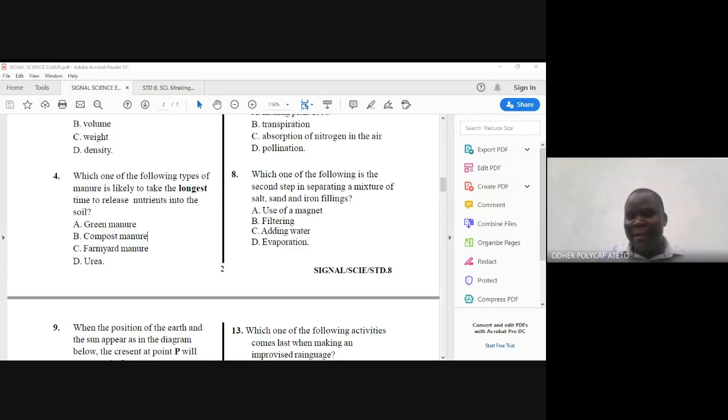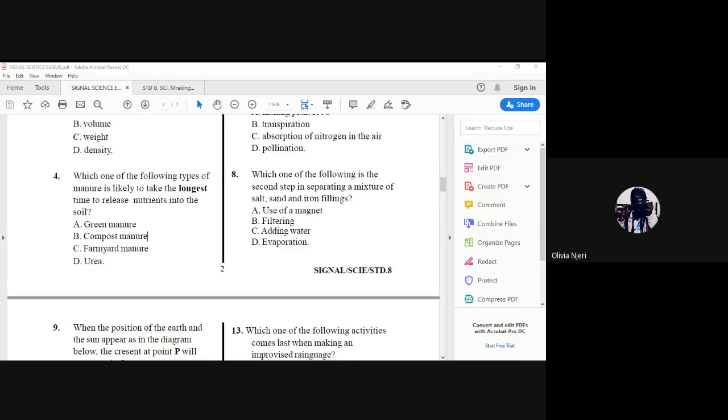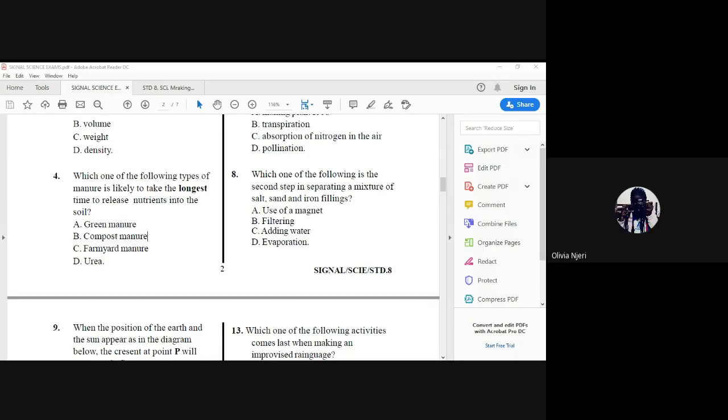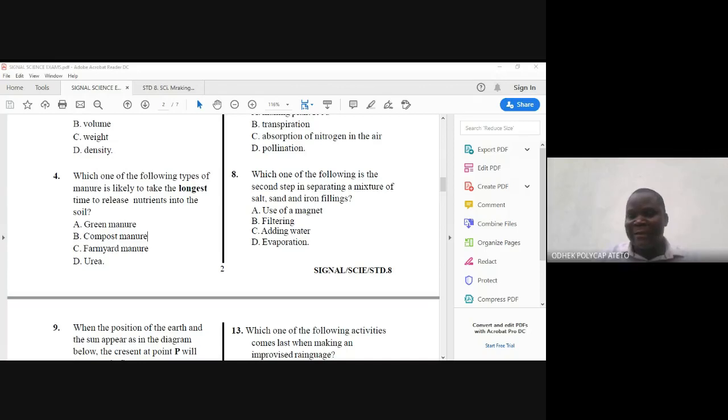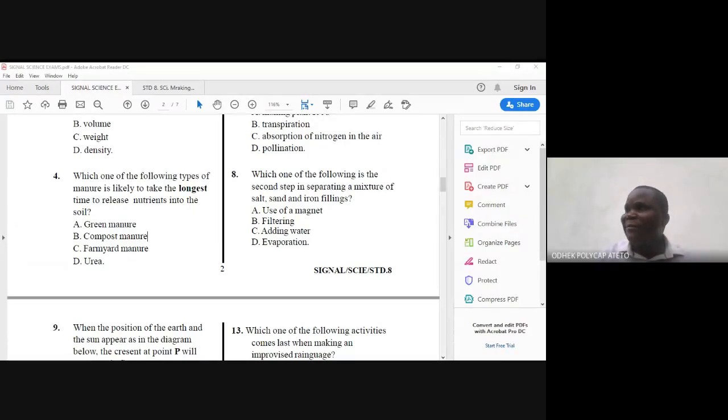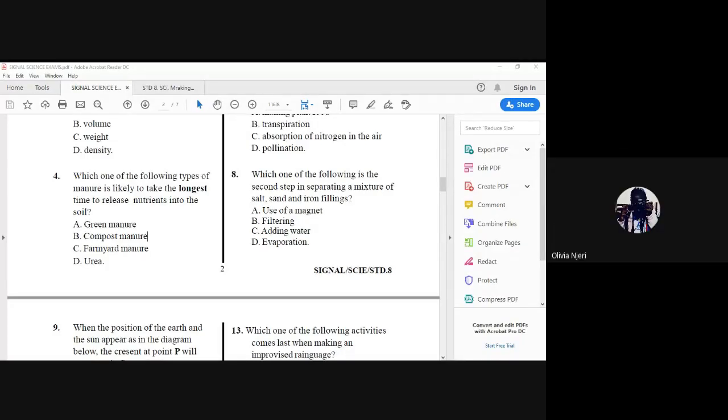Hydrogen. N stands for? Nitrogen. P stands for? Phosphorus. K stands for? Potassium. S stands for? Sulfur. Ca stands for? Calcium. Now more?